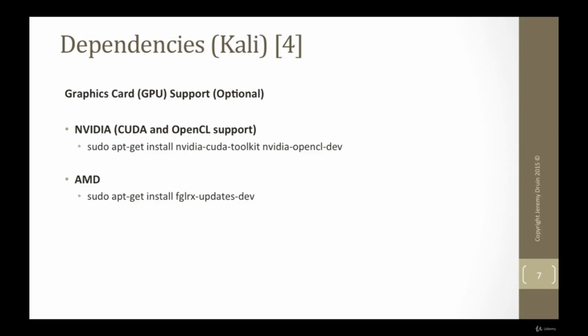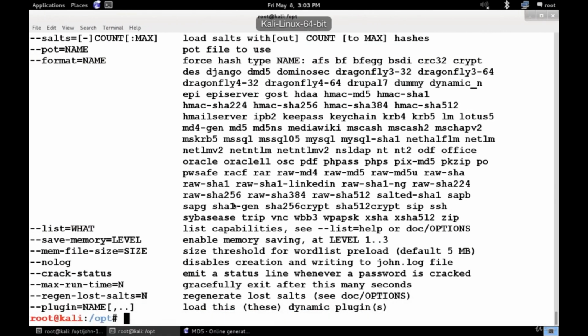If you want the optional graphics card support, you'll need to download the respective packages for your graphics card. Now I'm actually installing this on VMware Fusion, so this is not a Kali instance that's running on real hardware, and so I did not include those packages when I compiled mine.